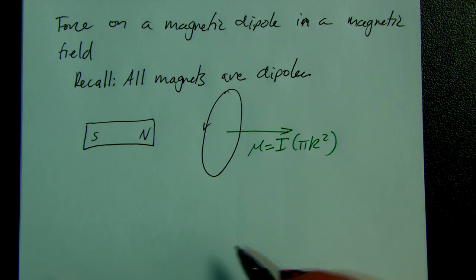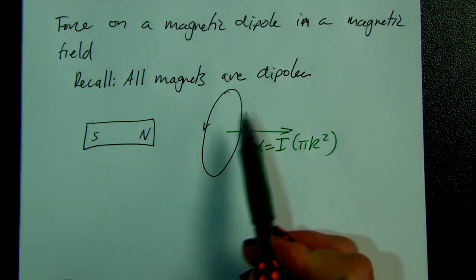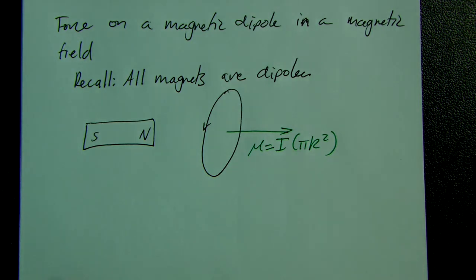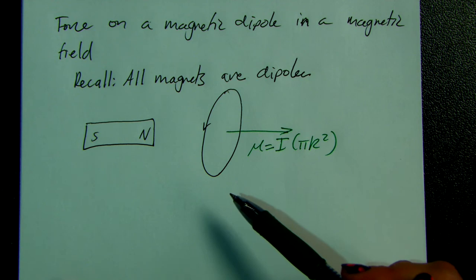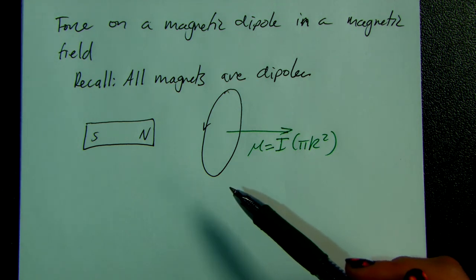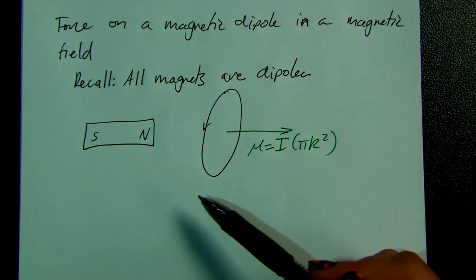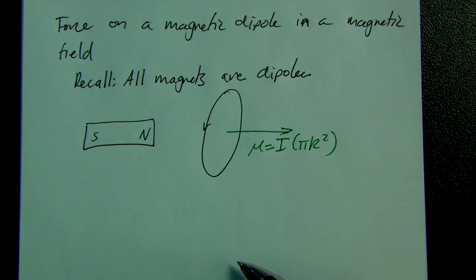What we want to think about is this magnetic dipole in a non-uniform magnetic field. We know that the magnetic field changes as a function of distance from the loop, so it is not uniform, and so it's going to experience a non-uniform force.